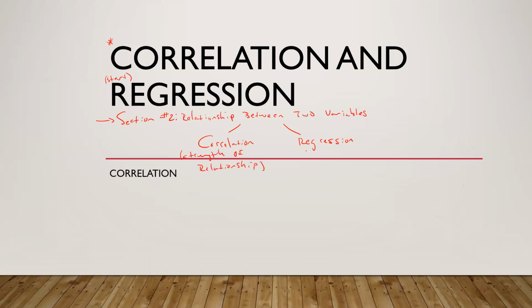And what regression is going to look, you'll see, is we're going to look to model the relationship. All right, in both of these cases, we're going to rely very, very heavily on our graphing calculator to do this. All right, so the first part of class today is concept of correlation.